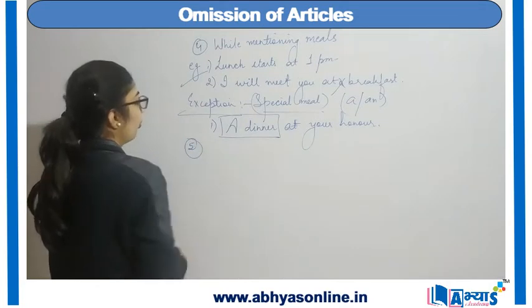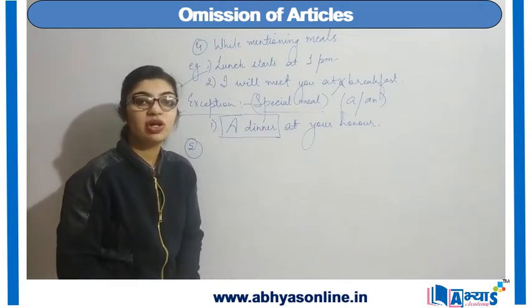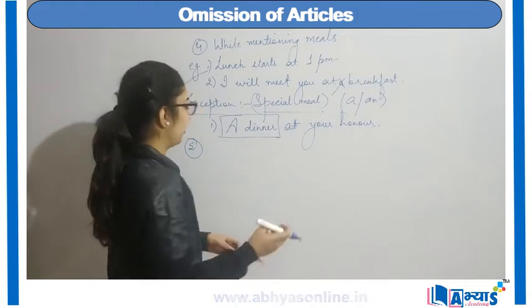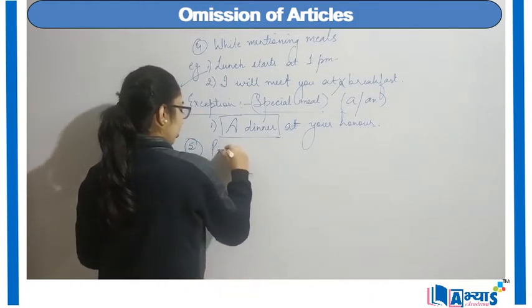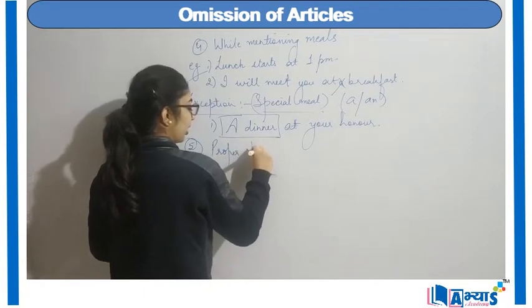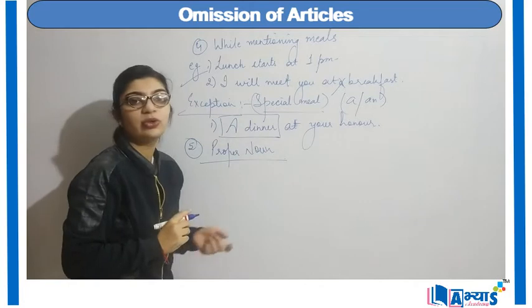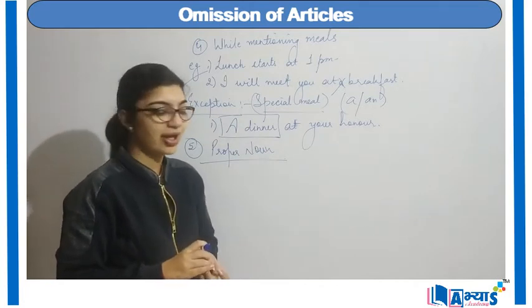Another area where we can omit the articles a and an is for proper nouns. We know that whenever we are talking about a proper noun, we do not use articles, right?